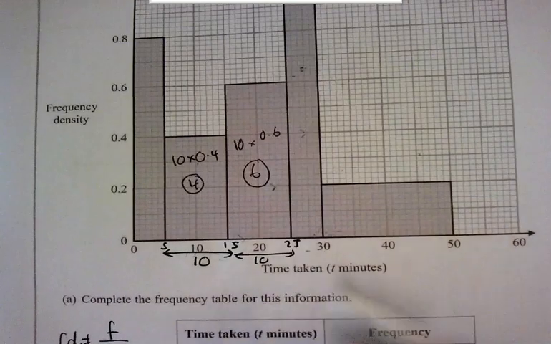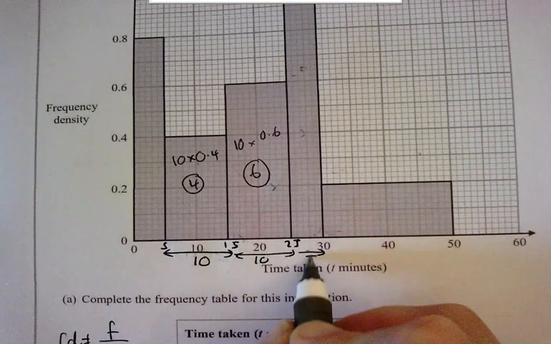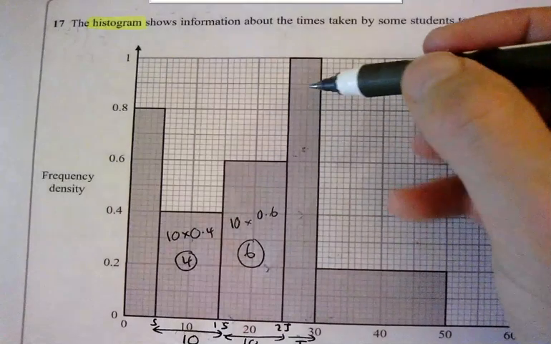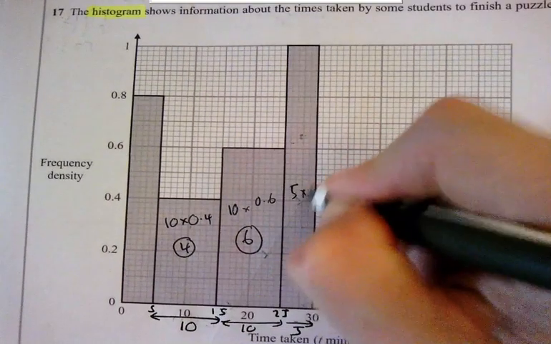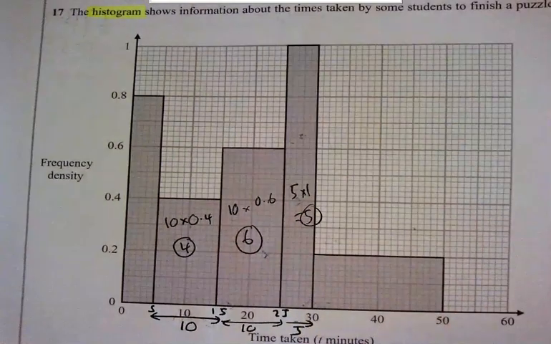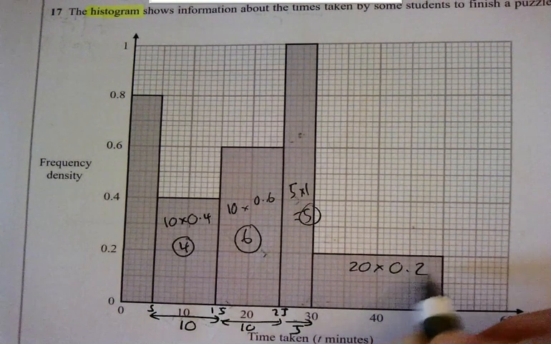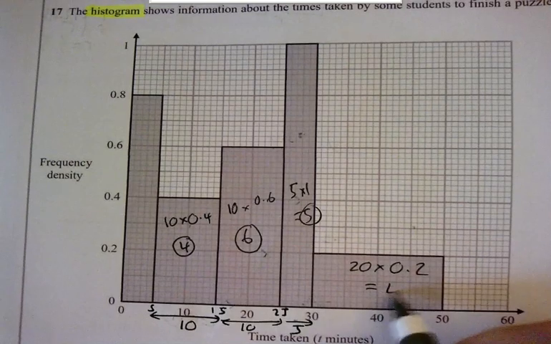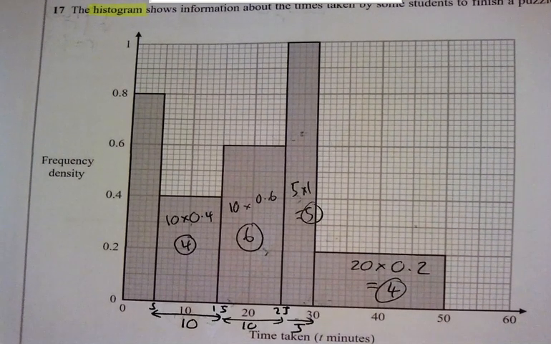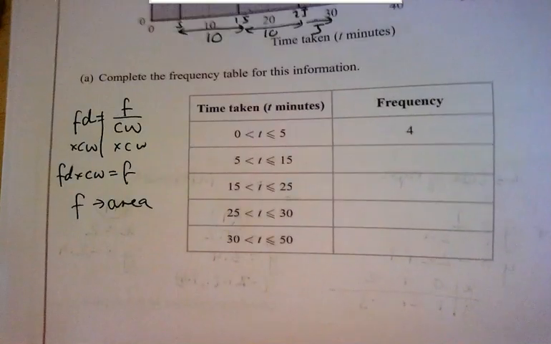The next one from 25 to 30 is 5 times 1 is 5. And then the last one from 30 to 50 is 20 times 0.2 is 4. So I've got 4, 6, 5, 4.